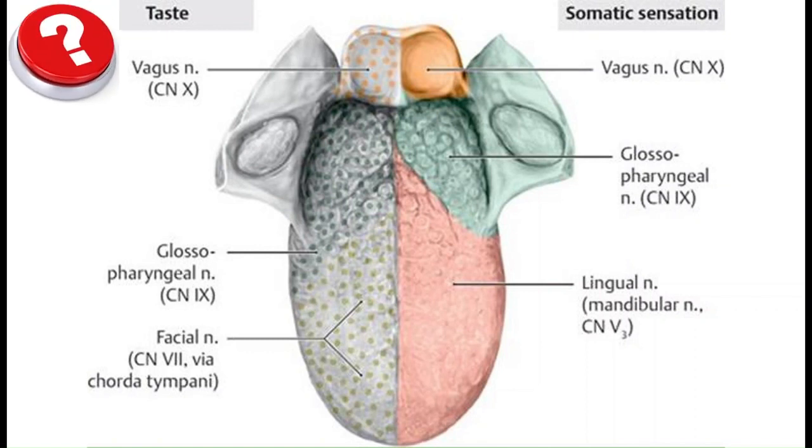There is a somatic sensation, that means the feeling of touch and temperature, and the anterior 2/3 are carried by the lingual nerve, a branch of mandibular, a branch of trigeminal, and the posterior 1/3 is by the glossopharyngeal nerve, because it is lying in the oropharynx.